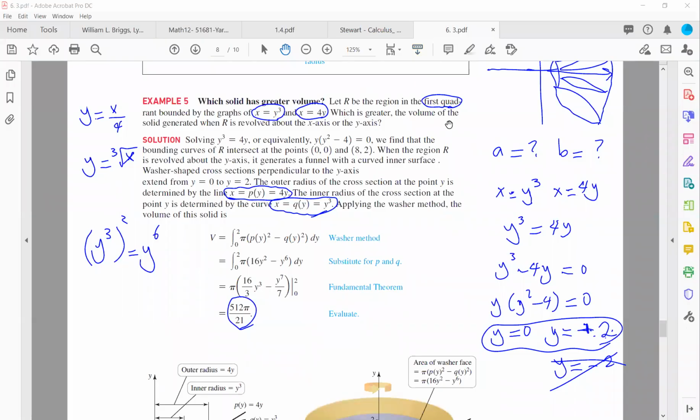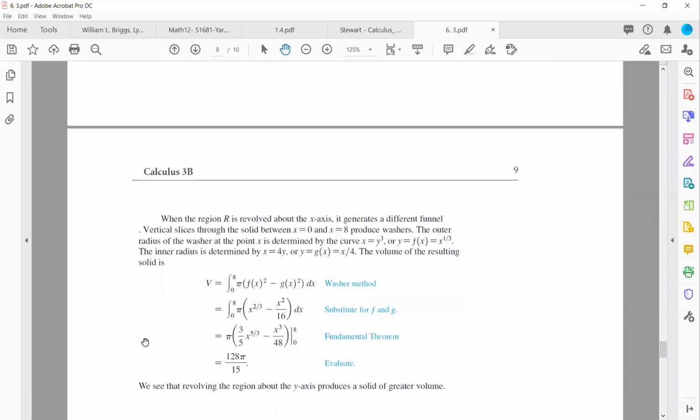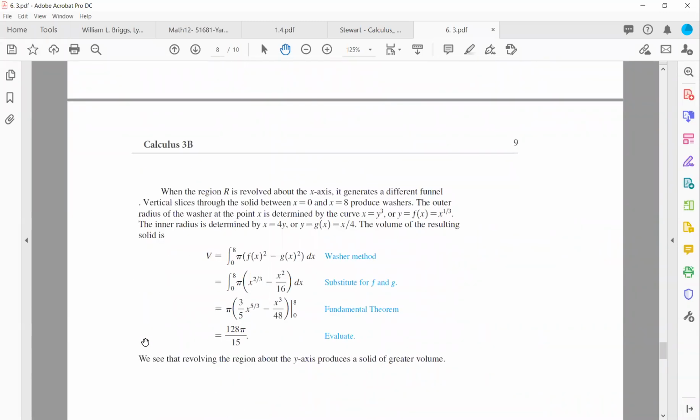Okay, now what if we revolve this around the x-axis? So when you're revolving this around the x-axis, first of all, you have two functions. Y is equal to the third root of x, and y is equal to x over 4.